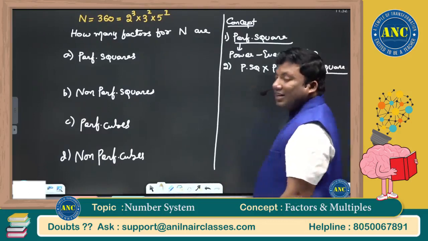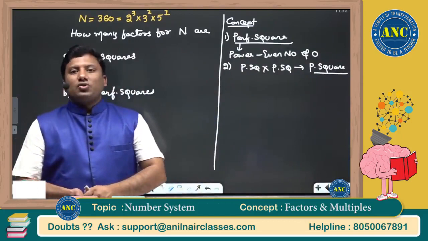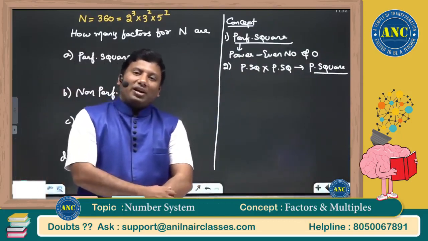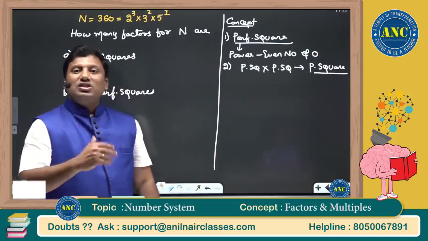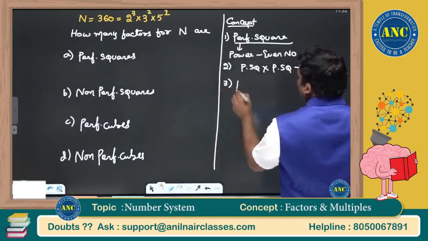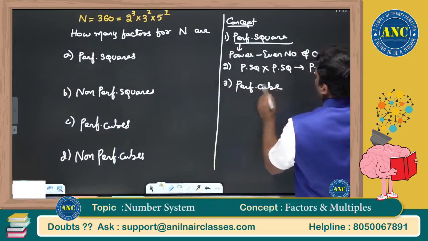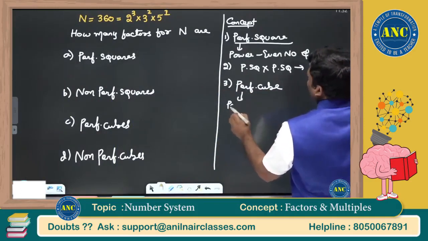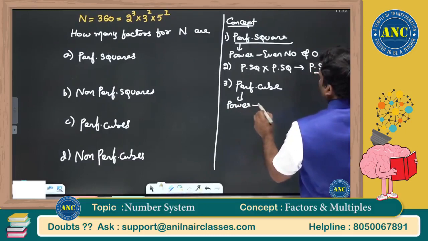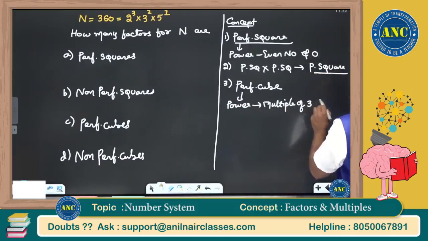4 into 9 is 36. 36 is a perfect square. 2 square into 3 square is 144. 144 is 16 into 9. Third key point: I require a perfect cube. Perfect cube means power should be a multiple of 3 and 0.